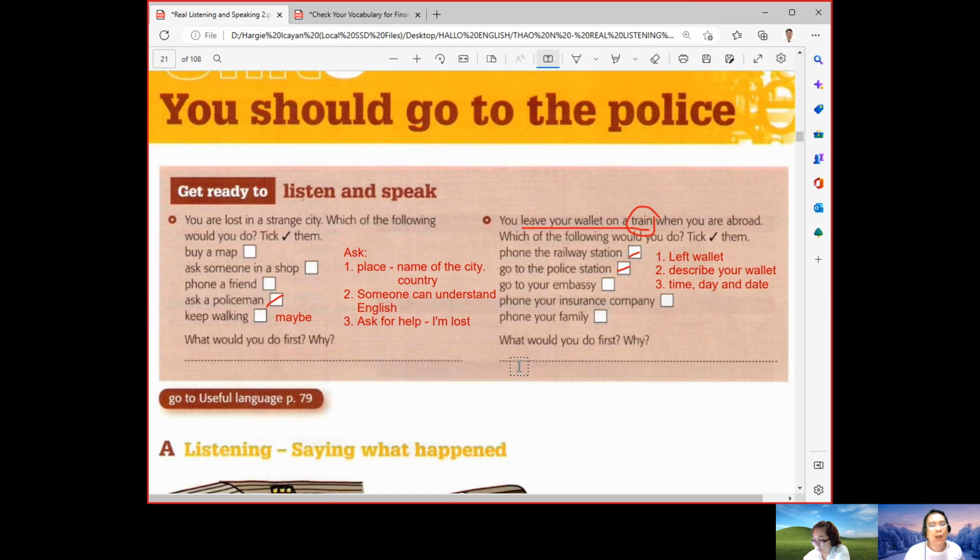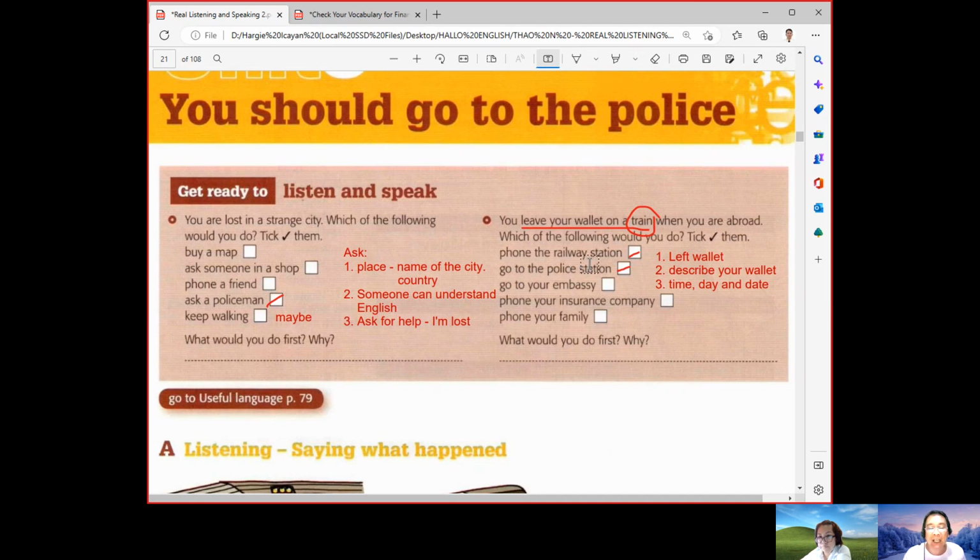And the question would be, what would you do first and why? Of course, the first thing to do is to phone the railway station. We already answered that, right? Why? Because that would be their concern. You just have to go to the police station if someone already stole your wallet.